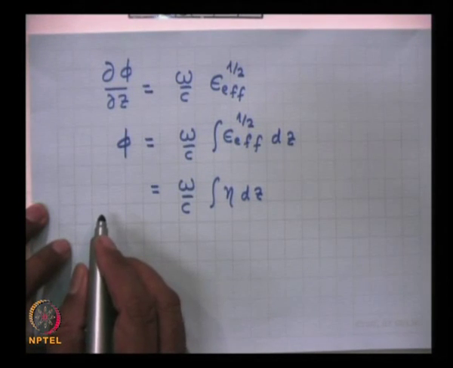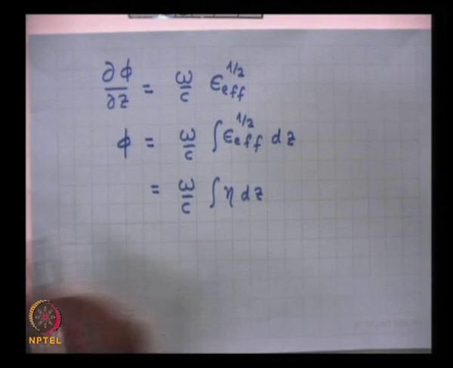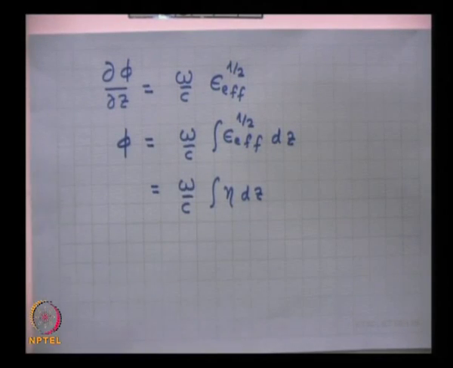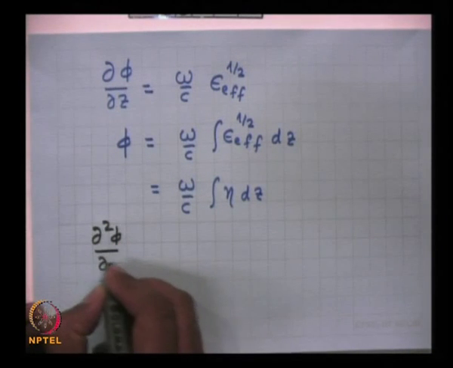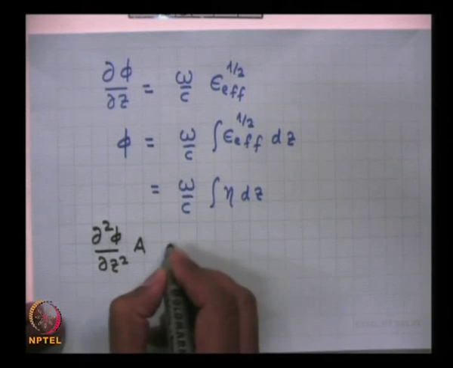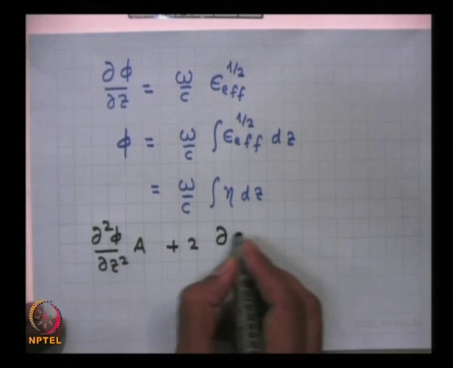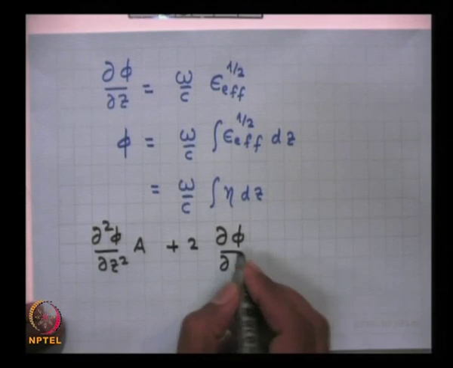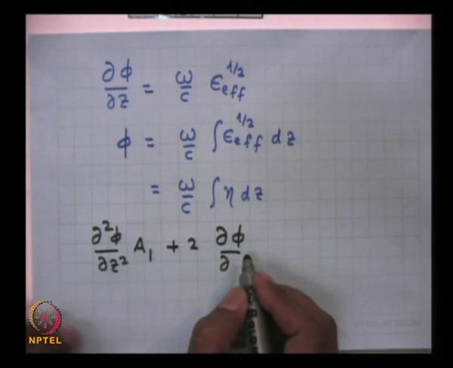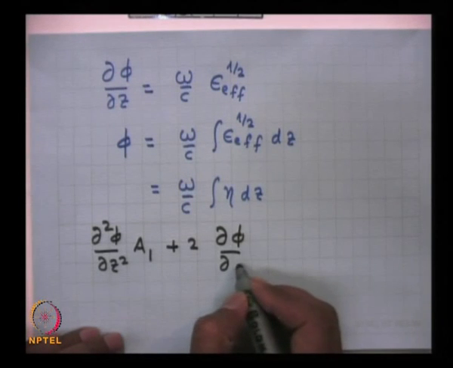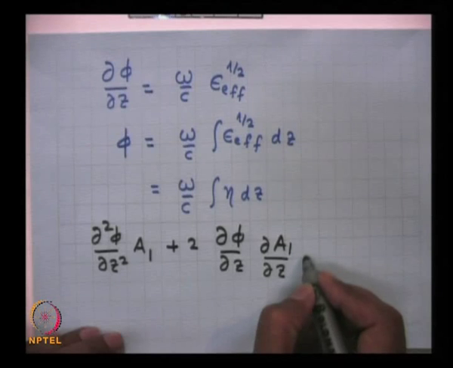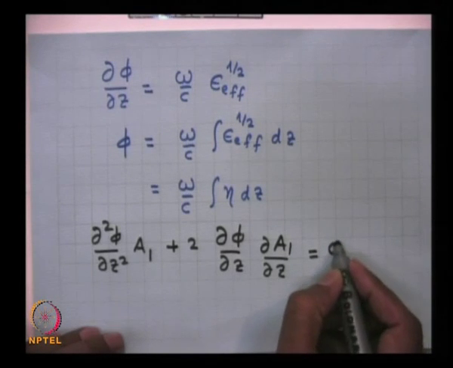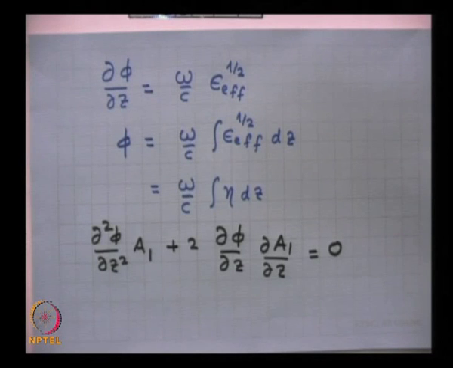When you equate the imaginary parts, you will get d2 phi by dz square into A1 plus twice delta phi by delta z into delta A1 by delta z. Actually this is A1 everywhere, I made a mistake, this is A1 into delta phi by delta z into delta A1 by delta z, is equal to 0, because there is no imaginary term on the right hand side.